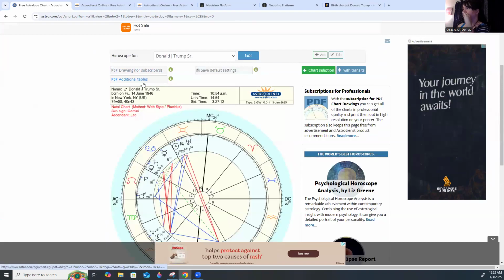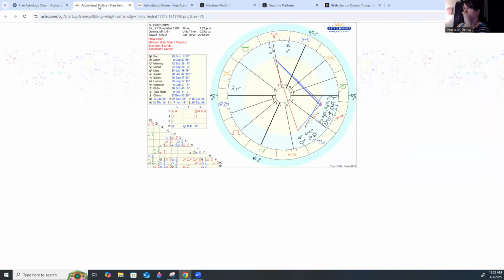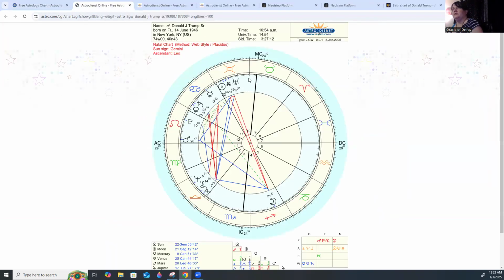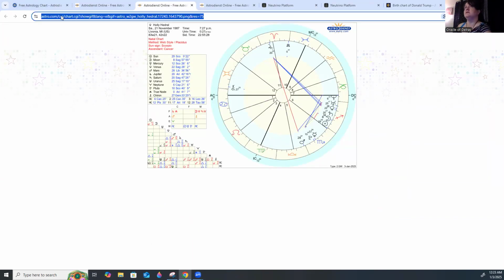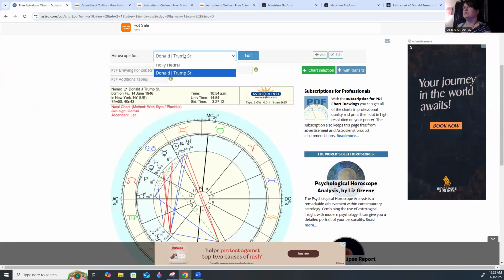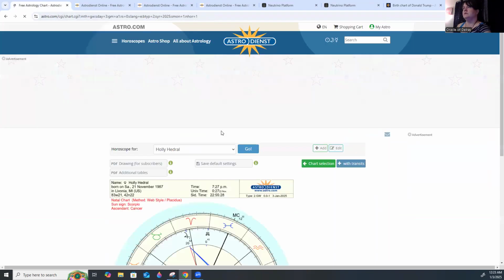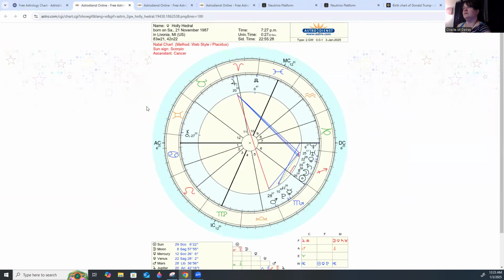Ascendant, Donald Trump's. All right. And if you click, it'll take you to an image only. But here's mine. I'll do a different one. I like this chart better. Okay.